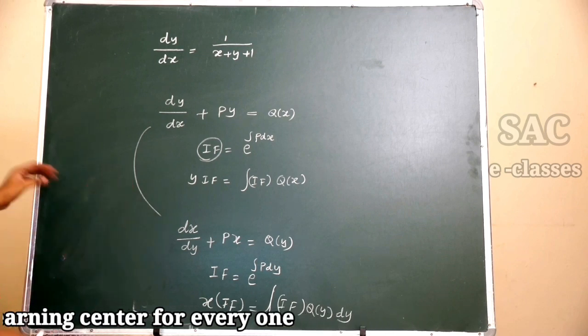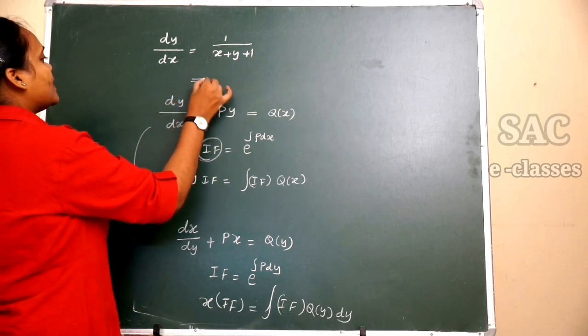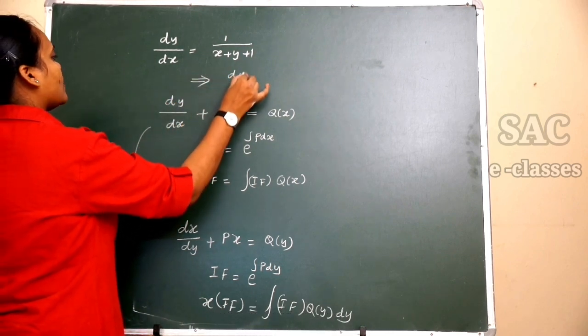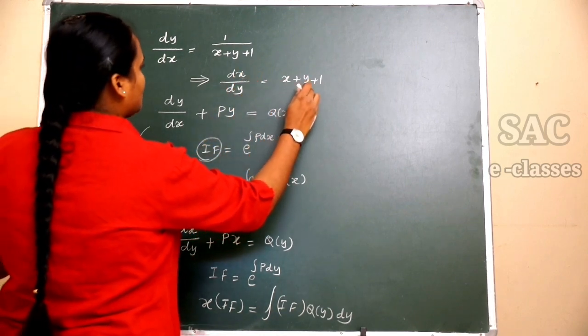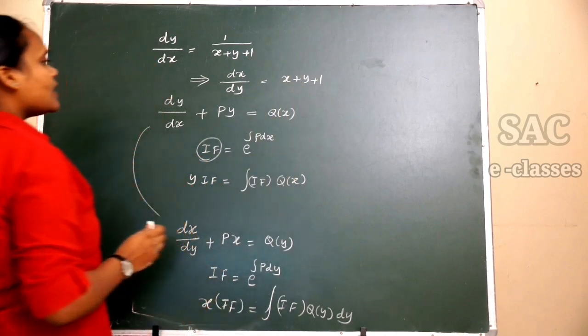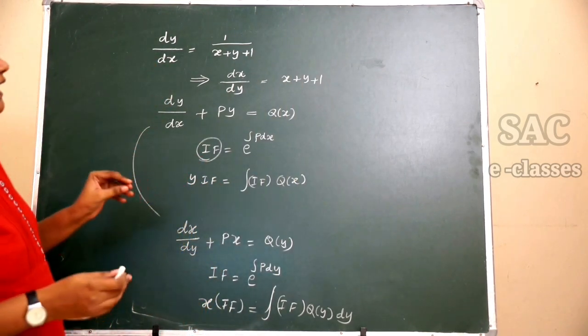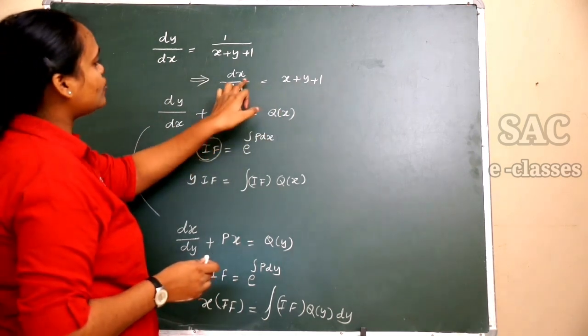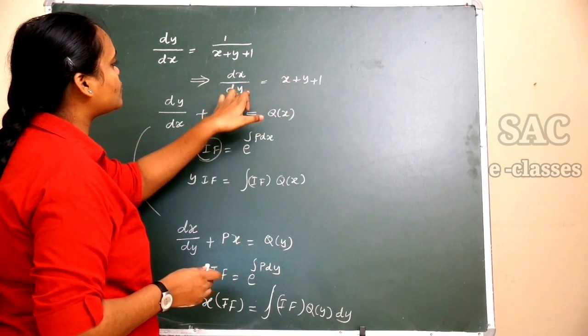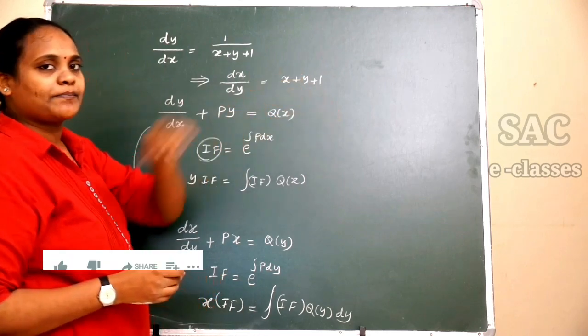Then what is the situation? Simply let's find the reciprocals. Now you get dx/dy = x + y + 1. But most of you will get a doubt: where should I send x, where should I send y, what should I keep here?